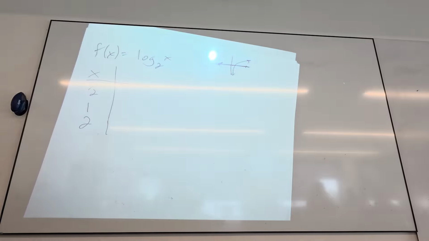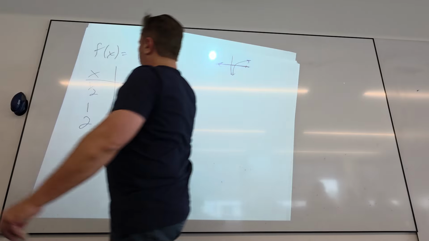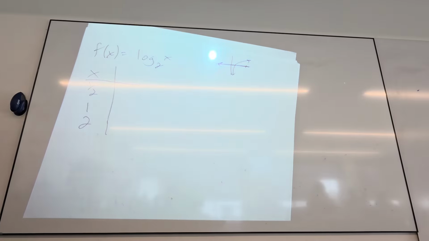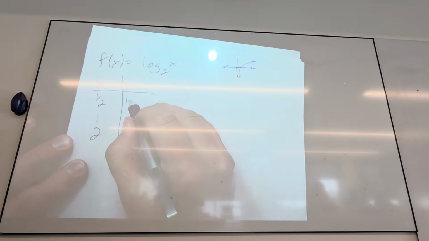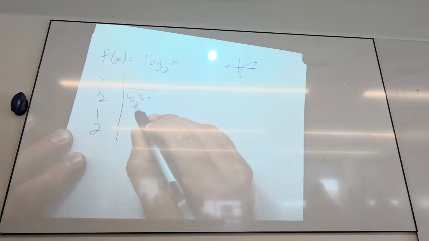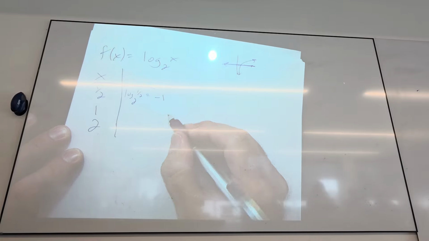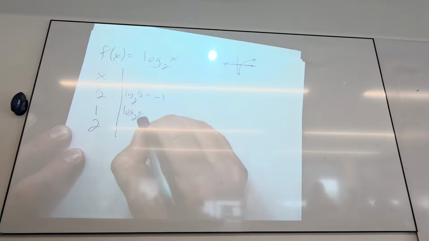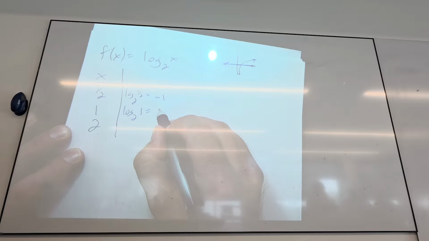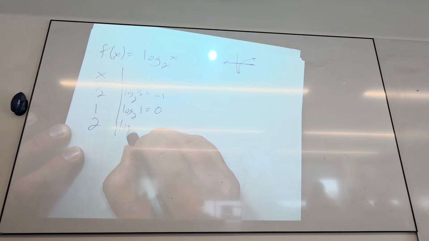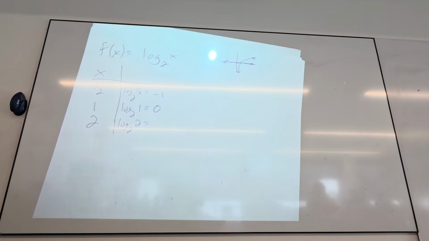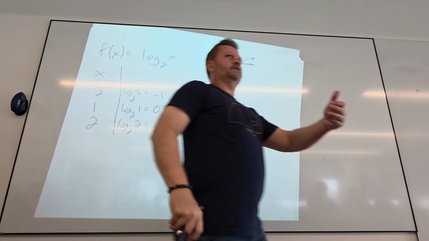Okay. So what power do I raise 2 to get 1/2? If I plug a 1/2 in, what power does 2 need to become 1/2? Negative 1. If I plug a 1 in, what power does 2 need to become 1? 0. And if I plug a 2 in, what power does 2 need to become 2? 1. So I have my 3 anchor points.